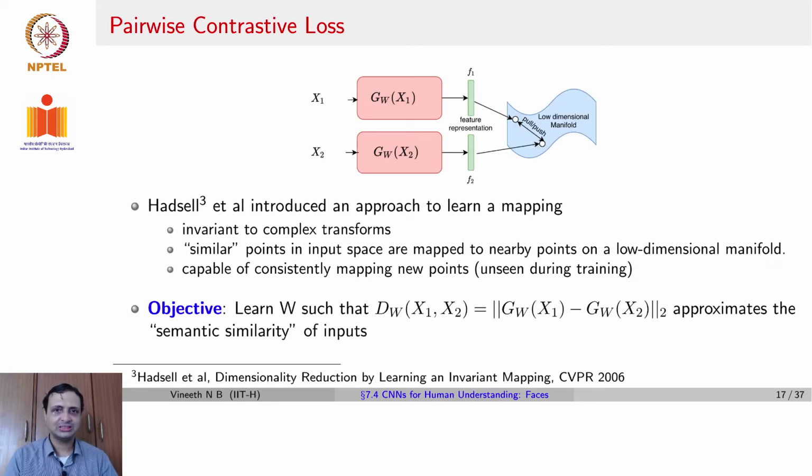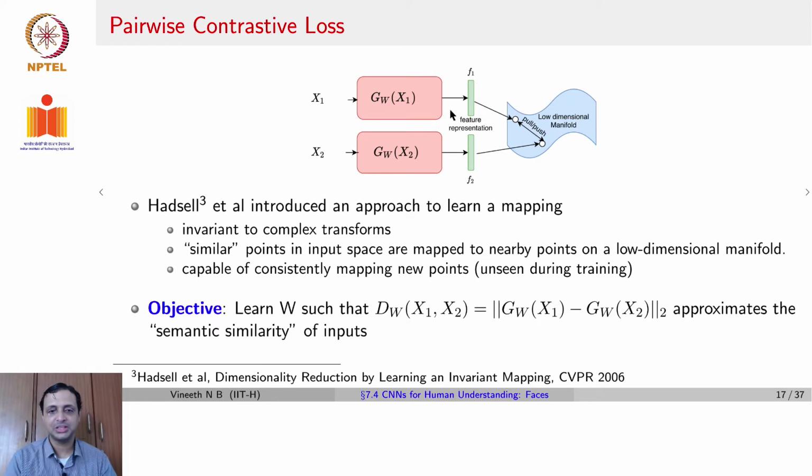Pairwise contrastive loss came from a work in 2006 introduced by Hadsell, where an approach to learn a mapping invariant to complex transforms was introduced. And as we just said, the idea was to make similar points close to each other on the embedding manifold.